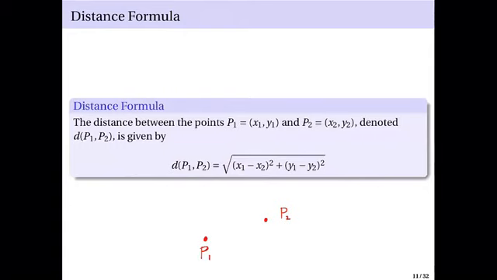We can get the distance between these 2 points by using this formula. We label that D. So the question is, how is this formula derived?